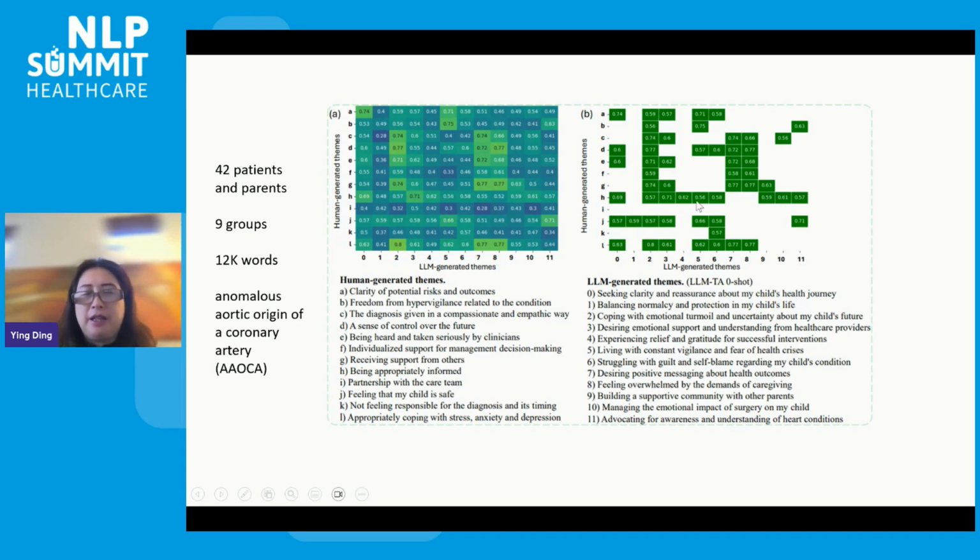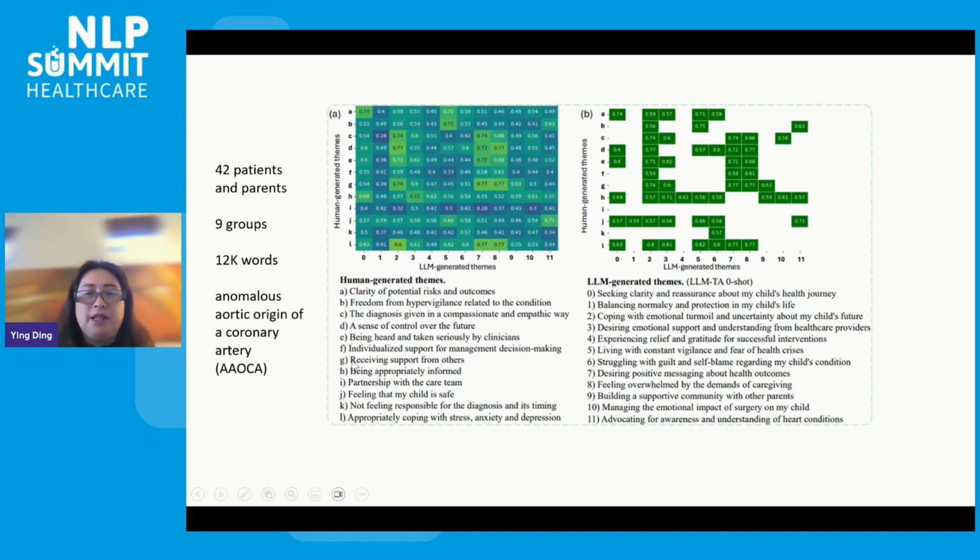And this is actually covered in several GPT-generated themes. For instance, it is covered by number 3, desiring emotional support and understanding from healthcare providers, and also highly covered in number 4, experiencing relief and gratitude for successful interventions.